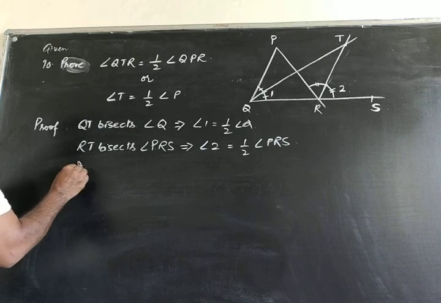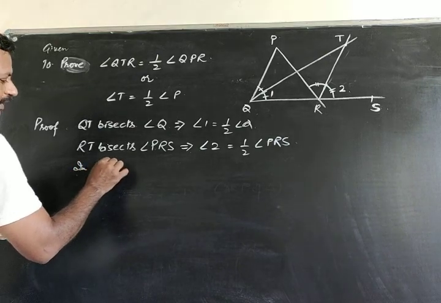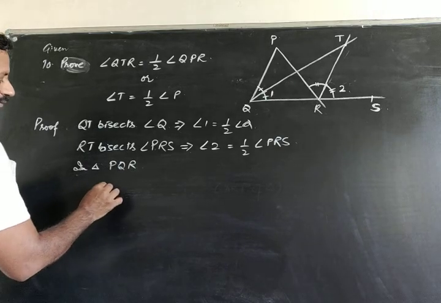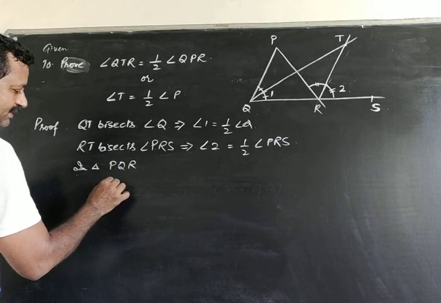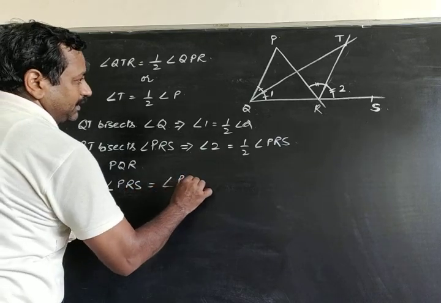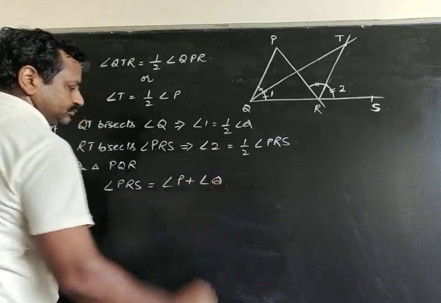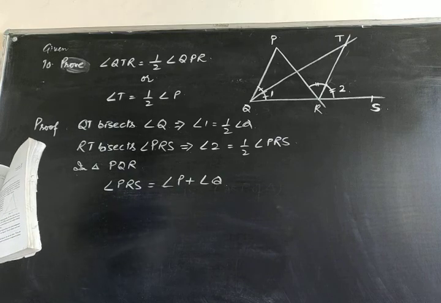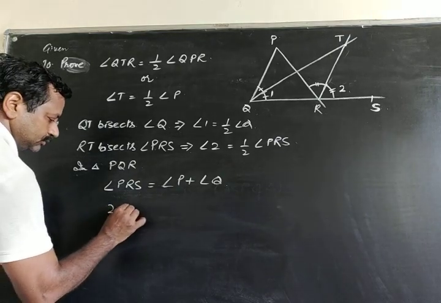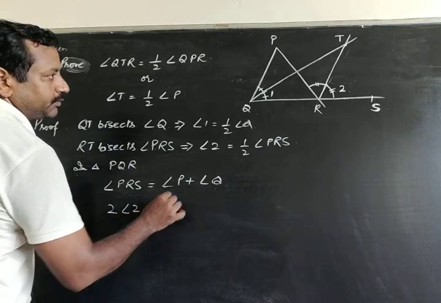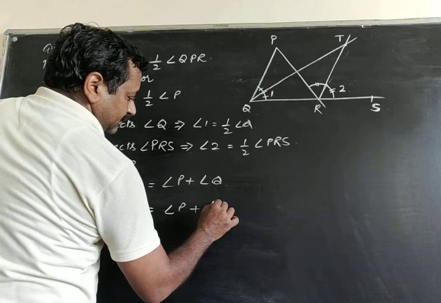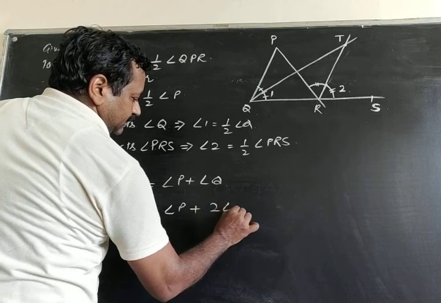So in triangle PQR, angle PRS equals angle P plus angle Q. Angle PRS means double angle 2 is equal to angle P plus double angle 1.